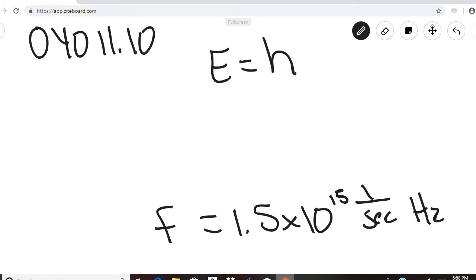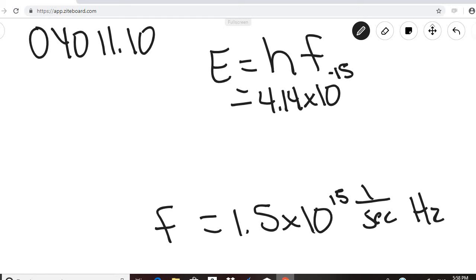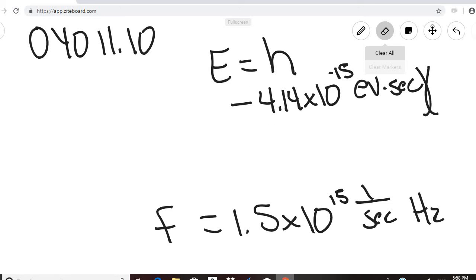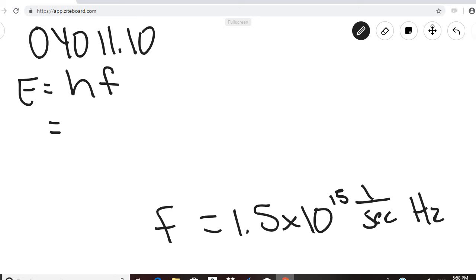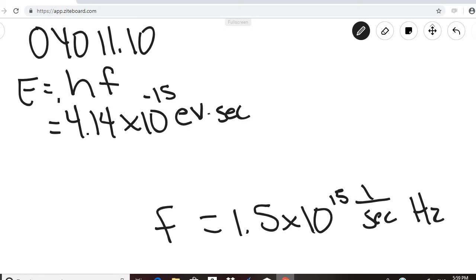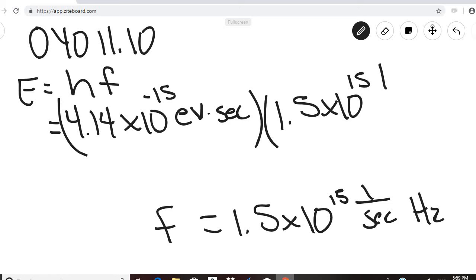So E is equal to h times f, and h is 4.14 times 10 to the negative 15 electron volts times seconds, and then we'll multiply that times the frequency, 1.5 times 10 to the 15, 1 per second.